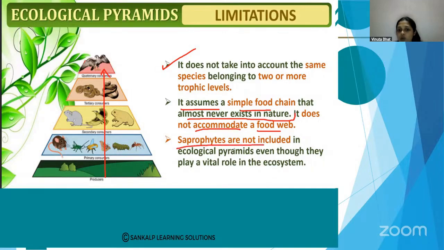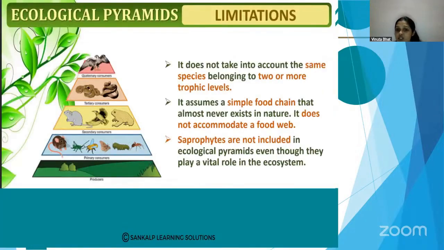Saprophytes are not included in the ecological pyramid, even though they play a vital role in the ecosystem. So these are the limitations, points which are not considered while forming the ecological pyramid. So this is about the ecological pyramid.